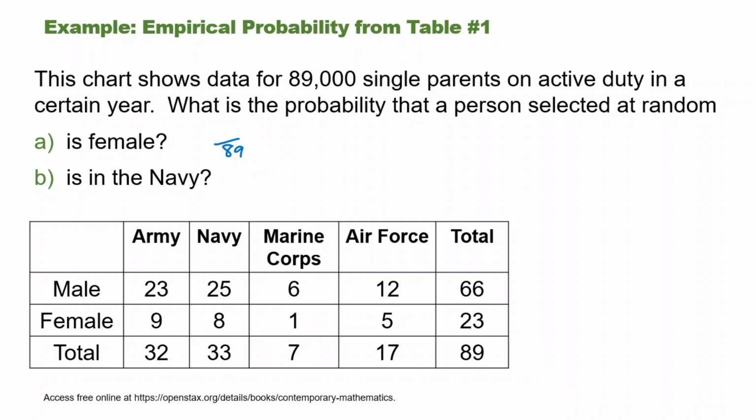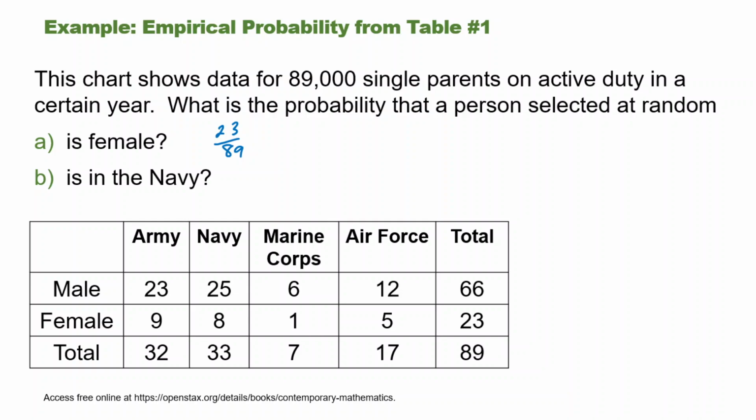The total of females at the third row, last column, is 23. So the probability that a single parent is female is 23 out of 89. And I'll just leave that as a fraction, but you can convert that to a decimal if you need for some reason.